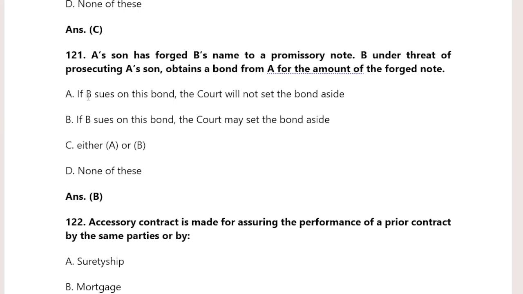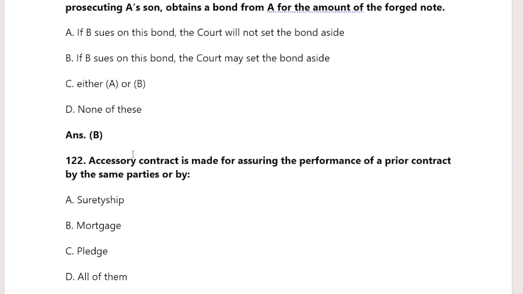What are the options? Option A: If B sues on the bond, the court will not set the bond aside. Option B: If B sues on his bond, the court may set the bond aside. Option C: Either A and B. Option D: None of these. The right answer is option B.